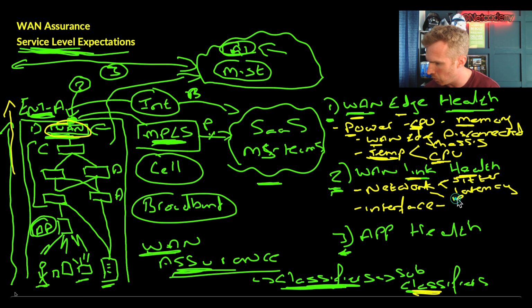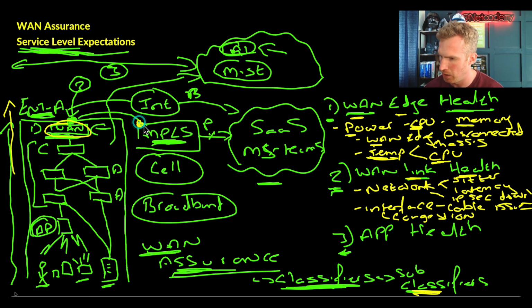The third one is IPsec down, or IPsec tunnel down. So if you have IPsec tunnels running from enterprise A to enterprise B via a hub, this is measuring the health of the IPsec tunnel, which is a virtual link at the end of the day. But for interface, you can measure: are there any cable issues? Is there any congestion on that uplink connecting enterprise A to the network?